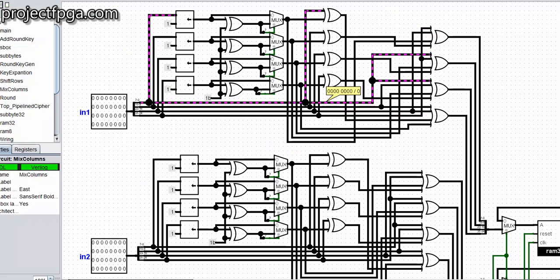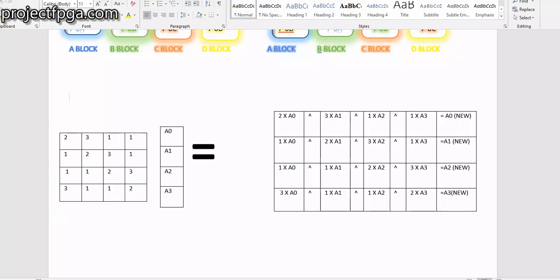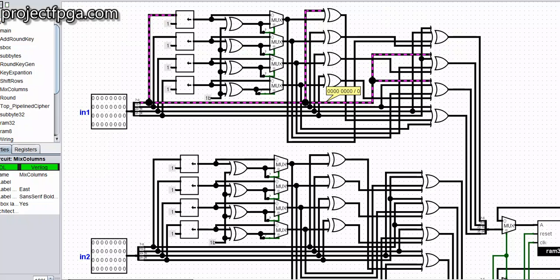You can see it went into this second multiplexer. Then again we have 2 multiply A1, so multiplication by 2 came out here, so 2 is A1.